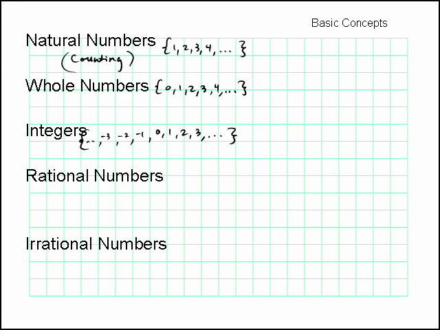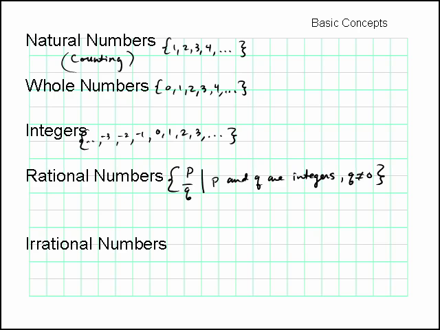Now, rational numbers are numbers that can be written in this form using our set builder notation here. Rational numbers are the numbers that are of the form P over Q, provided that P and Q are integers. Q cannot be 0, however. We can't divide by 0, which we'll talk about later.